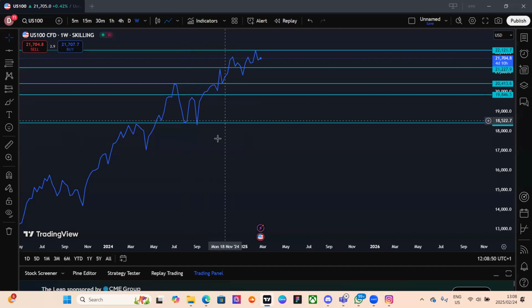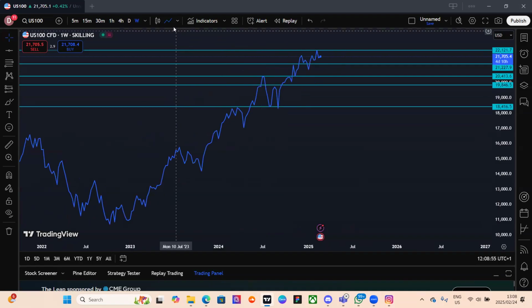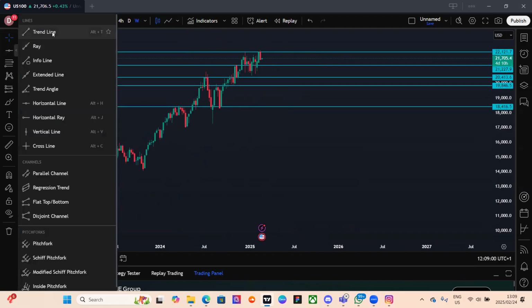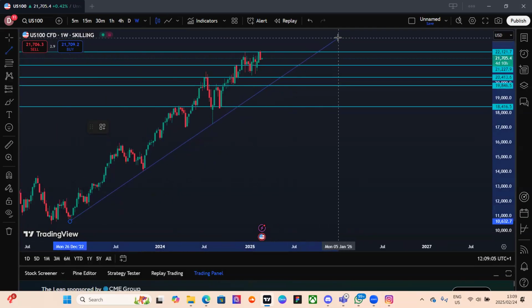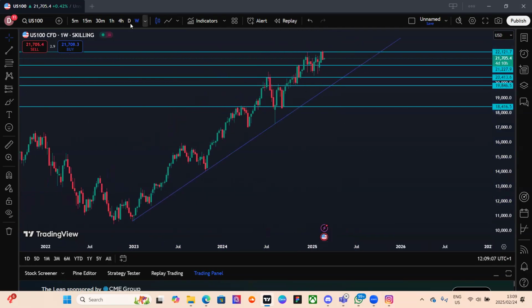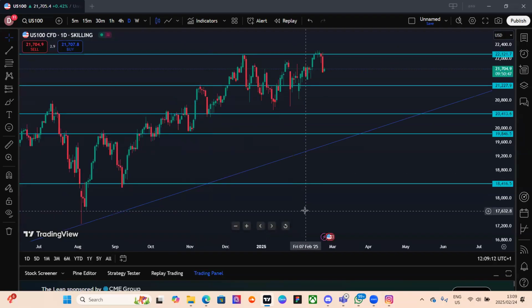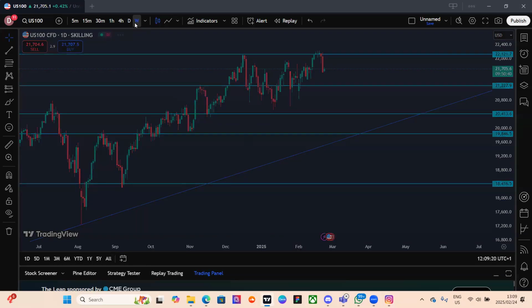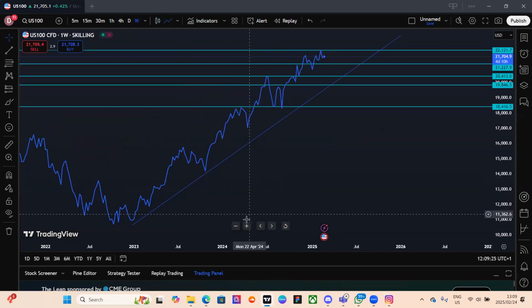Let me change to there, replacing my trend line, just making sure I get everything even. Then I'll go straight into daily, looking for the specific zone that I'm trying to find.